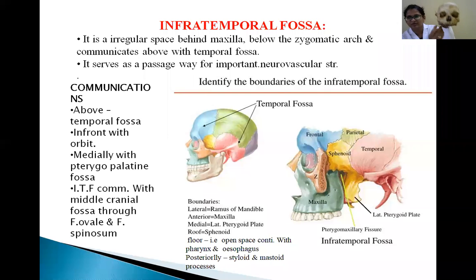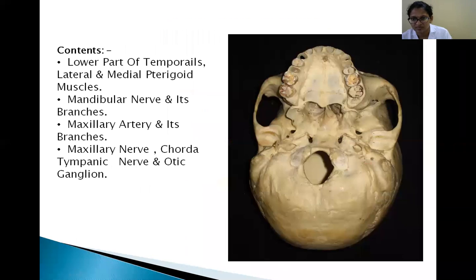Above, it communicates with the temporal fossa. Medially, it communicates with the pterygopalatine fossa through the pterygomaxillary fissure. This is the pterygomaxillary fissure. And next, the infratemporal fossa communicates with the middle cranial cavity through two foramina.